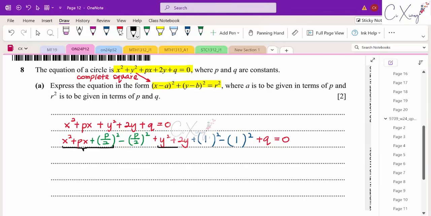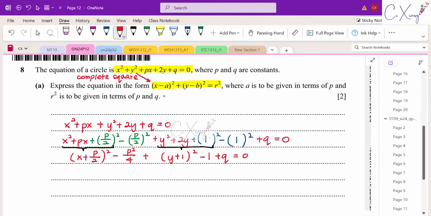Same thing happens for the y here. Okay, so for x, if I try to compile it, it should be x plus p over 2 squared minus p squared over 4. Okay, then for the y, I will be having y plus 1 squared minus 1, then plus q equals to 0.